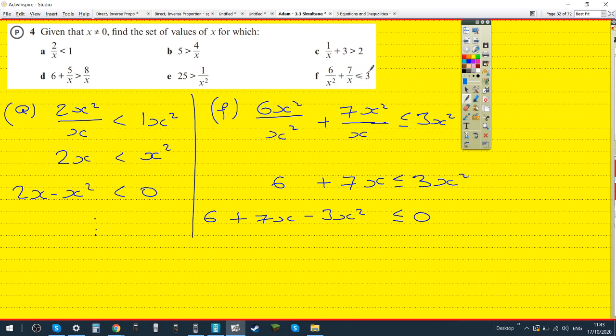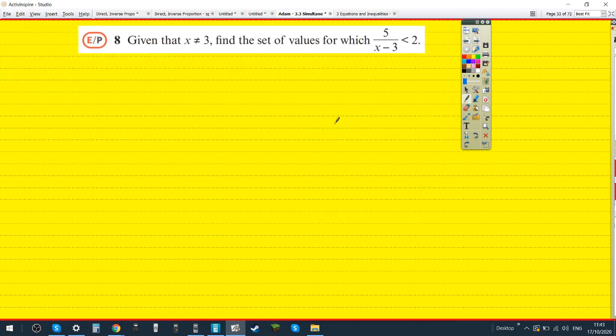When you times everything by x squared, it becomes 6x squared, 7x squared, 3x squared, and they still have their denominators. Okay, so the denominators don't change? No, not until you simplify it. Okay, any idea about this one?